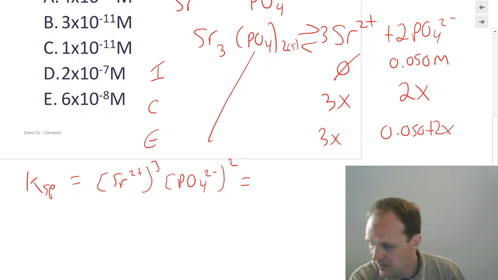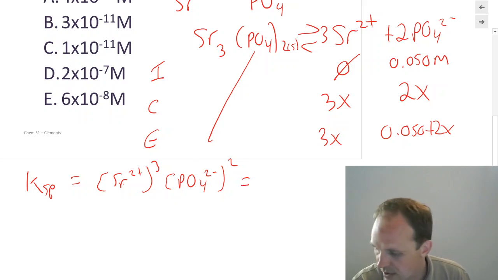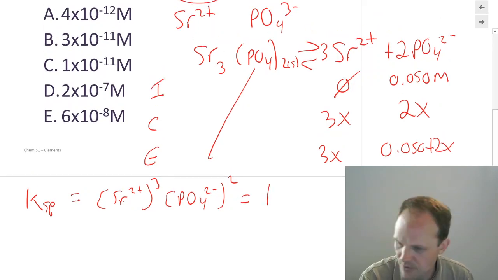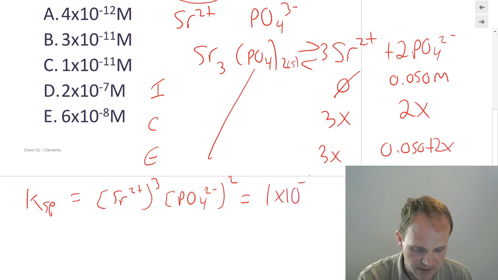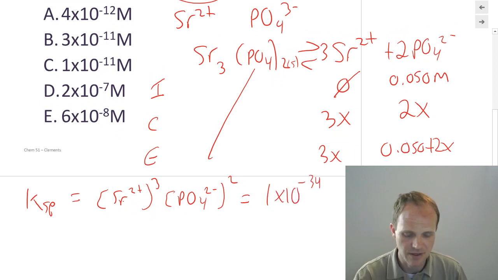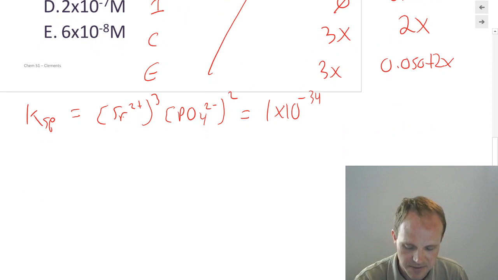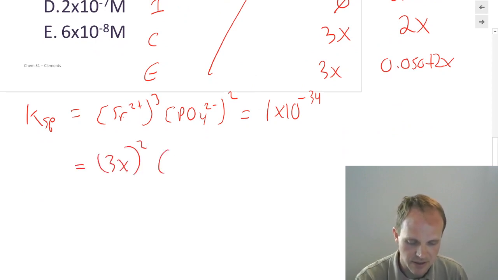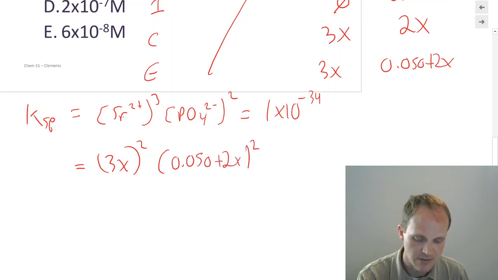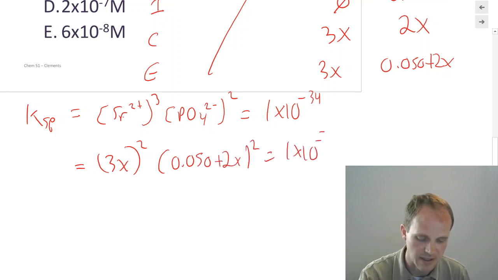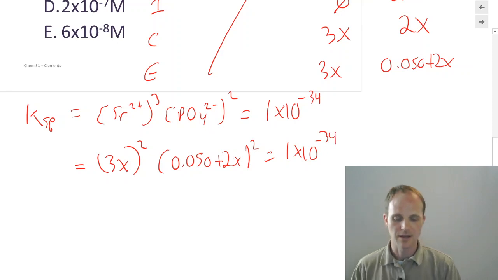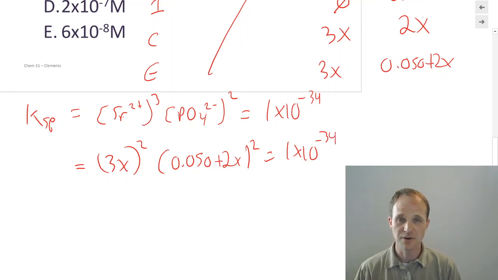And that is going to be a value of 1 times 10 to the minus 34th. Again, very small solubility, or Ksp. What is that going to look like? It's going to look like 3x cubed times 0.050 plus 2x squared is equal to 1 times 10 to the minus 34th. All right. 10 to the minus 34th, it's pretty small.